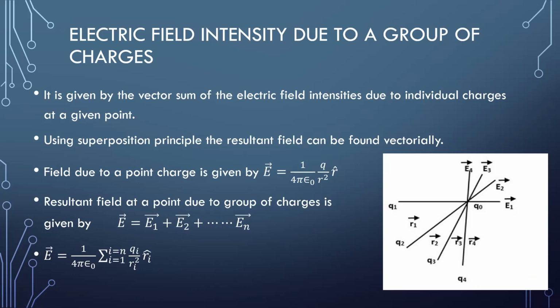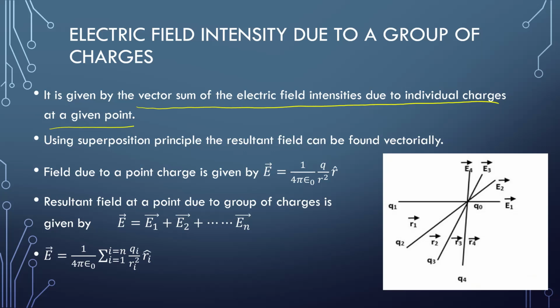electric field intensity due to a group of charges. Just as we had talked about the force on a charge due to a number of charges, and we had used Coulomb's law and the principle of superposition there, similarly over here we find the field intensity due to a group of charges.